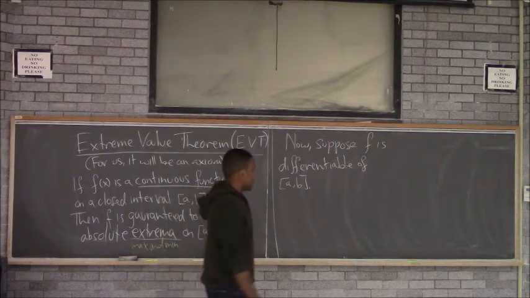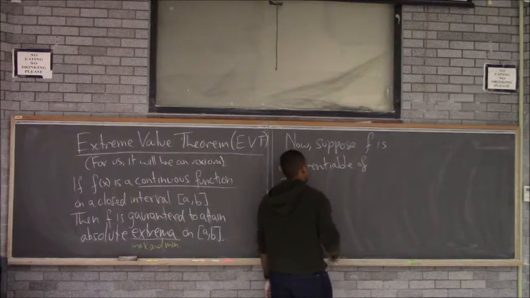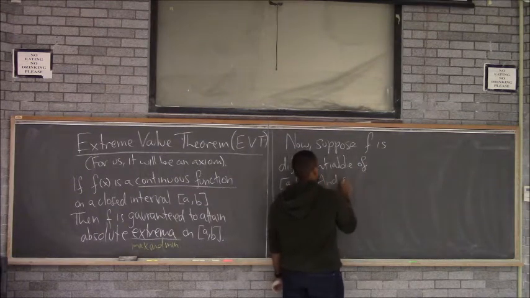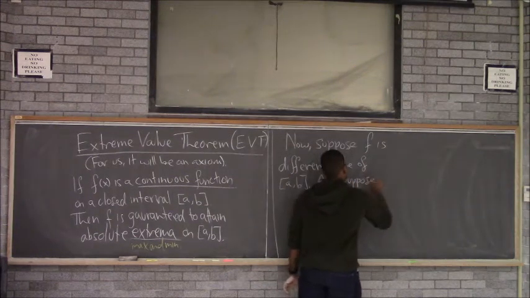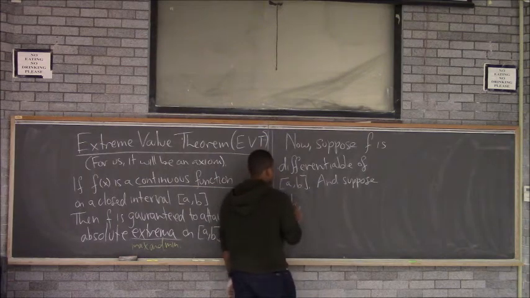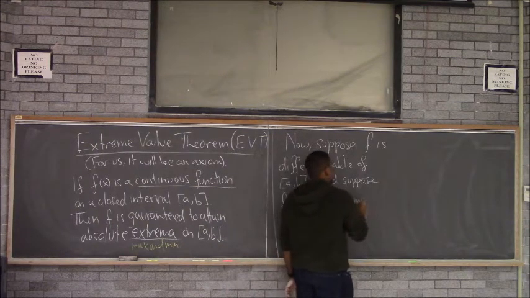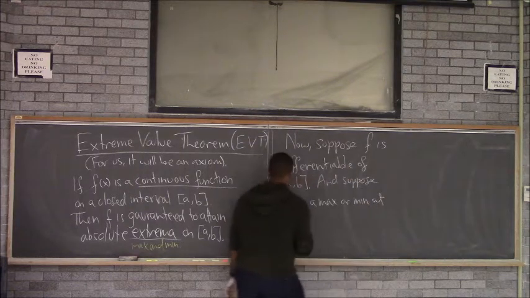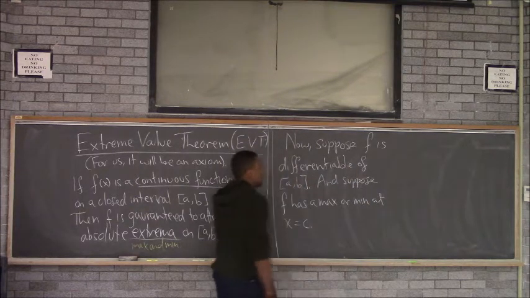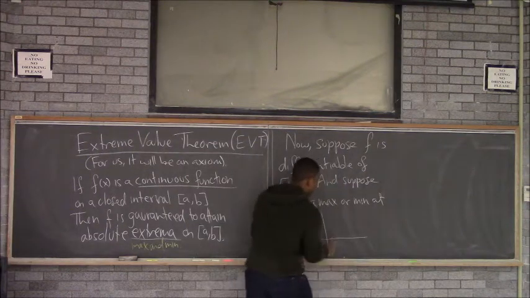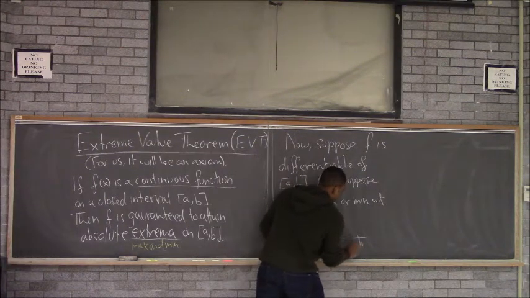Now here's something else that I'm going to tell you. Suppose f has a maximum or minimum at x equals c. So there is some function that we know is both continuous and differentiable on [a, b].